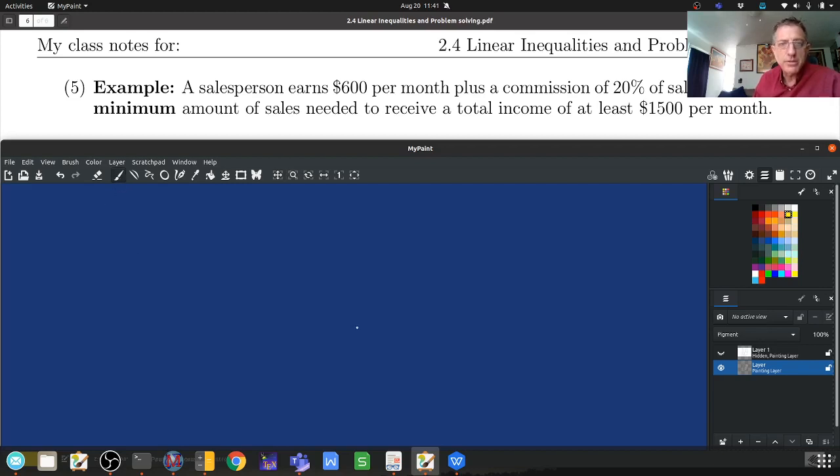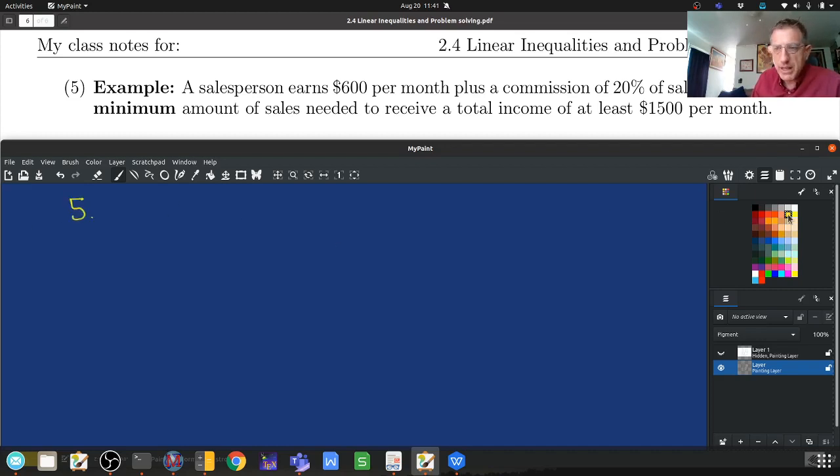So a salesperson earns $600 per month plus a commission of 20% of sales. Find the minimum amount of sales needed to receive a total income of at least $1,500 per month. You might very well be offered a job and you have to solve something very similar to this.